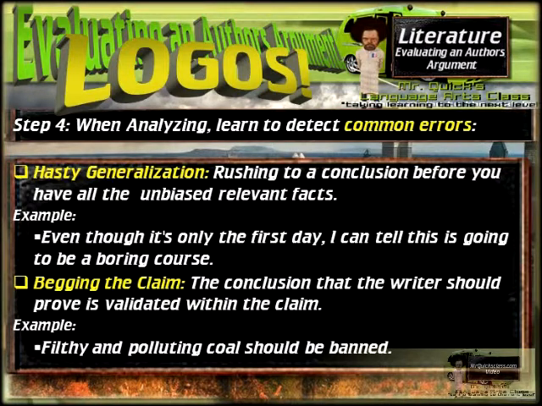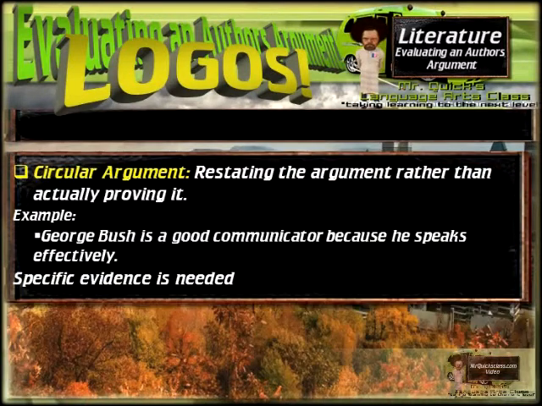You have to present a position in a way that it can be argued and scrutinized. Okay, circular argument. And this is where you restate the argument rather than actually proving it. For example, George Bush is a good communicator because he speaks effectively.